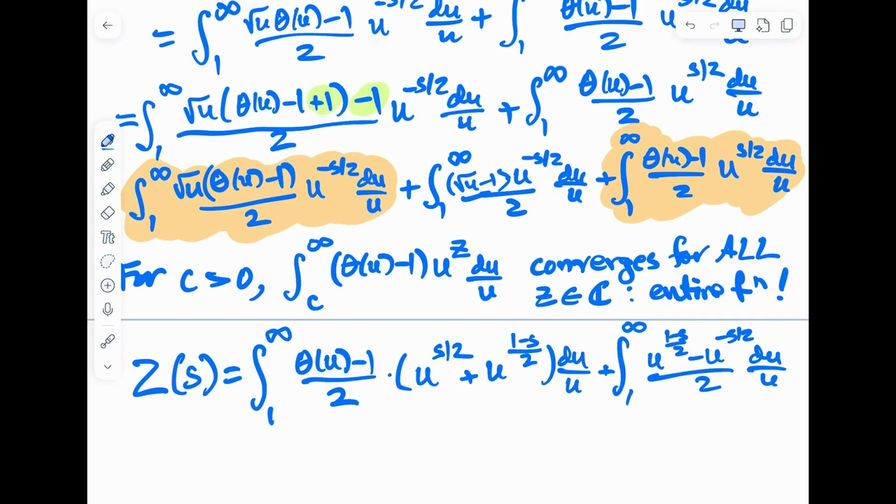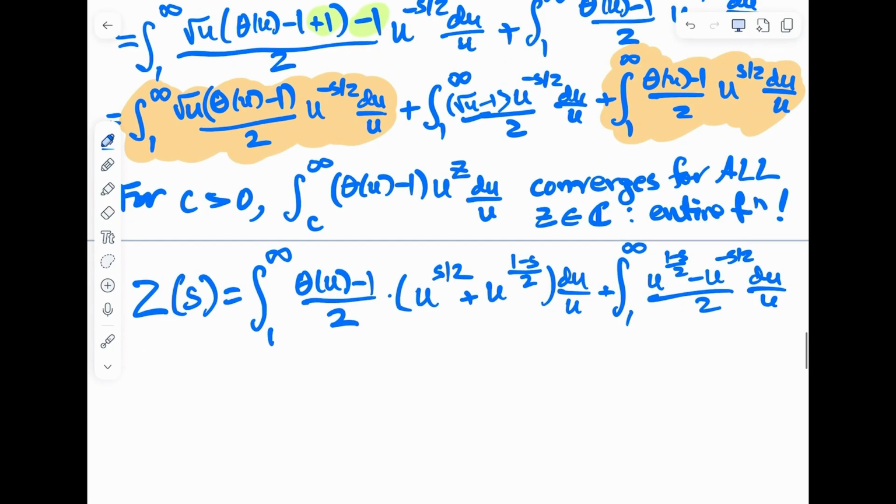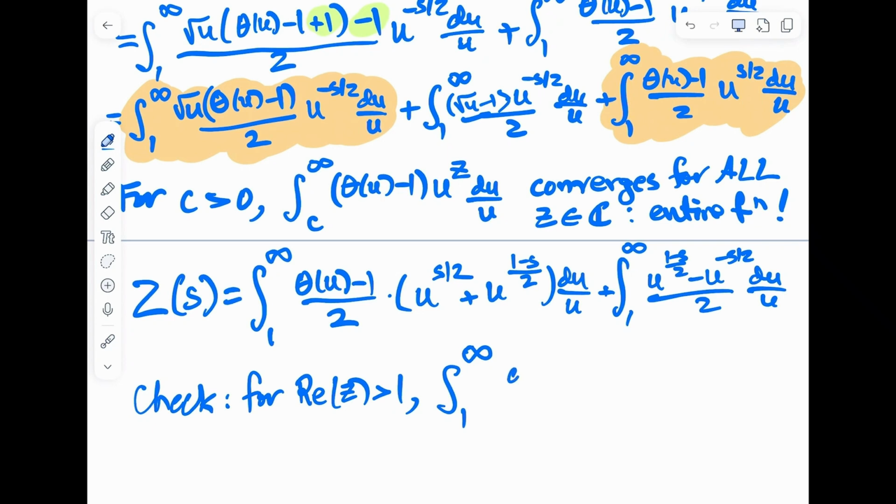Now, up to this point, the real part of s is bigger than 1. So what's the story here? You can check for yourself that for the real part of z bigger than 1, if you integrate from 1 to infinity of du over u to the z, that's always going to be 1 over z minus 1.